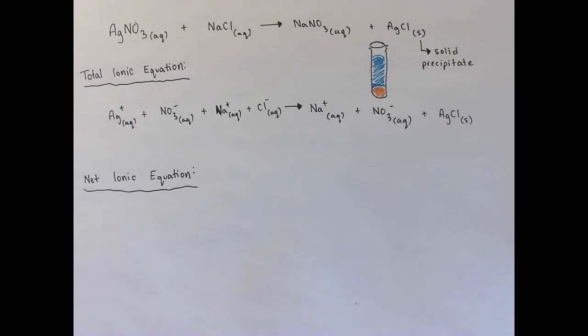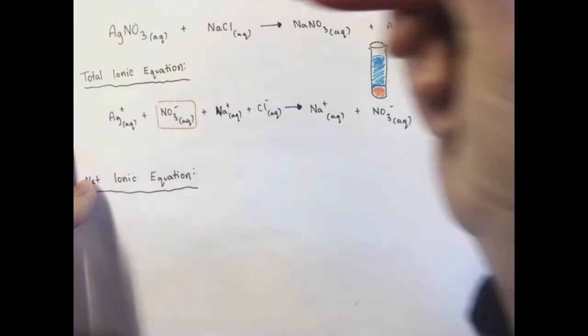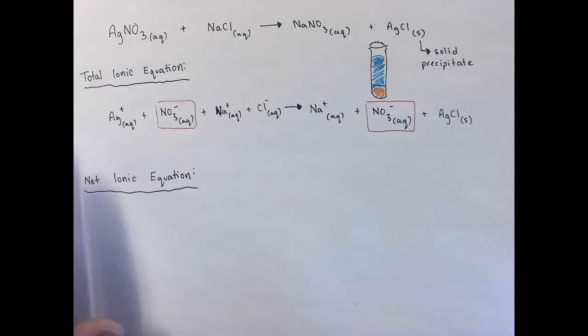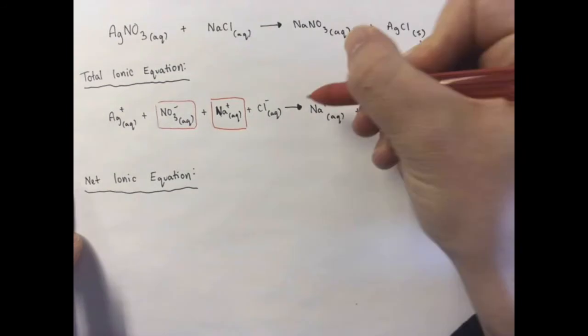So looking through my total ionic equation, you'll notice that nitrate ions remain as nitrate ions. They don't do anything. They don't go through any sort of change. Is there anything else that doesn't change? Well, you'll notice that sodium ions also do not change.